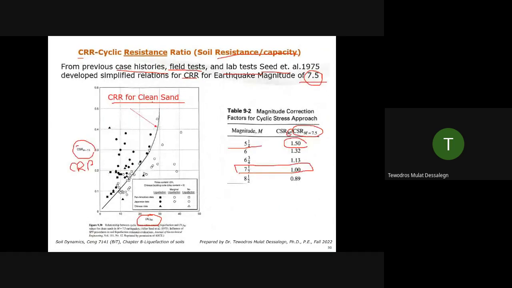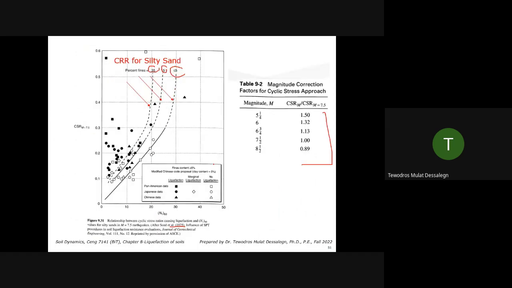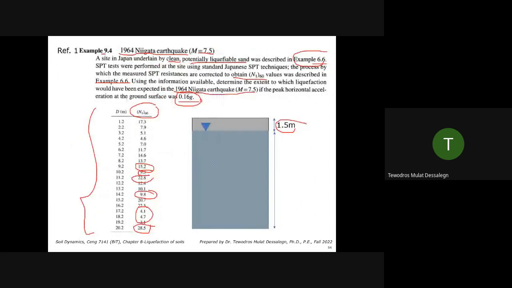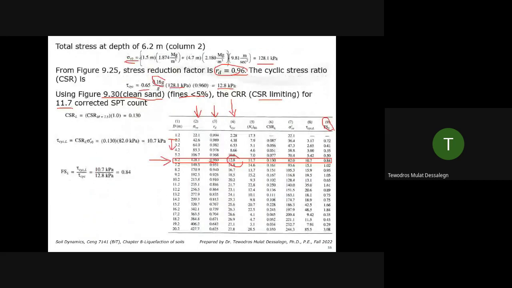For clean sand, the corrected SPT is around here, 11, so you get the corresponding value, a little above 0.1. 0.13. The limiting shear stress, we multiply it by the effective stress, then we get 10.7. Where are we? We are right here, effective stress.